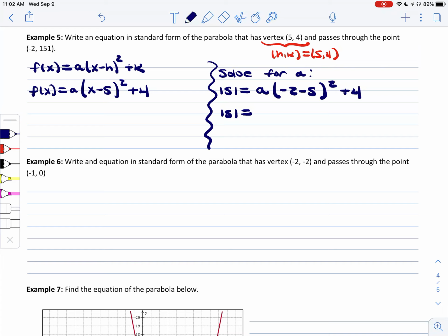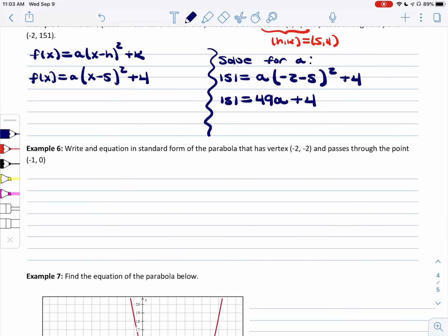Squared would give us a positive 49. That's 49a plus 4 on the right-hand side. Subtract the 4 over, which would give us 147, equal to 49a.